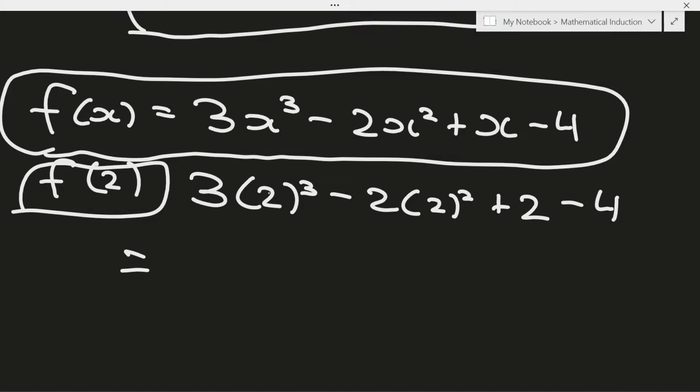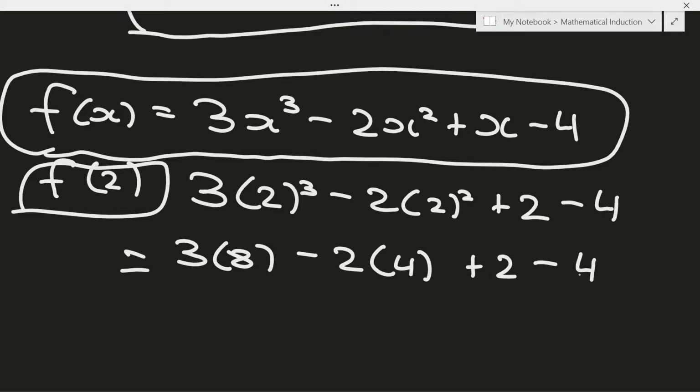So 2 cubed is 2 times 2, which is 4, times 2, which is 8, and 3 times 8 is 24, but we'll just leave it this way for the sake of simplicity. Minus 2 times 2 squared, and 2 squared is 4, so it's minus 2 times 4 plus 2 minus 4.